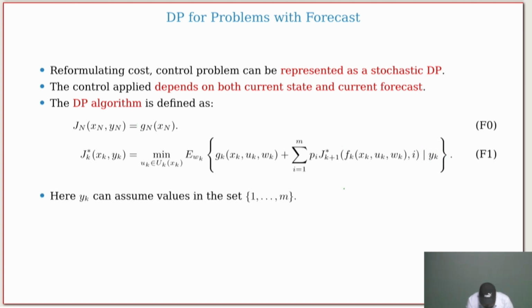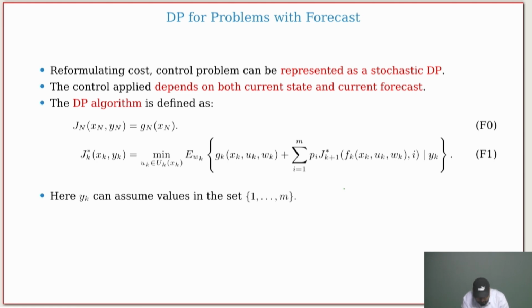Here we have assumed that yk assumes values in the set 1 to m. So this is a discrete PDF. If there are m possible observations, then what is the likelihood of 1, likelihood of 2?